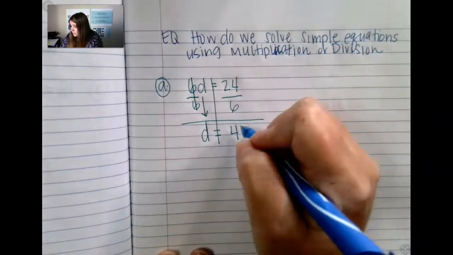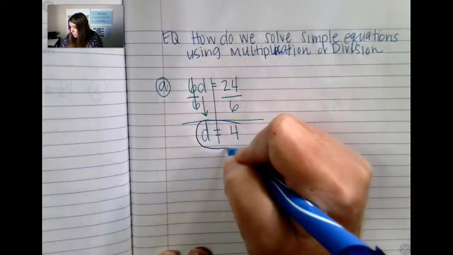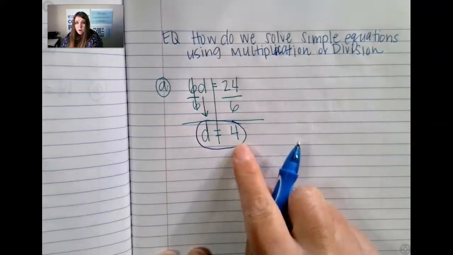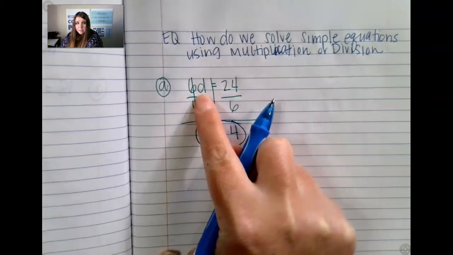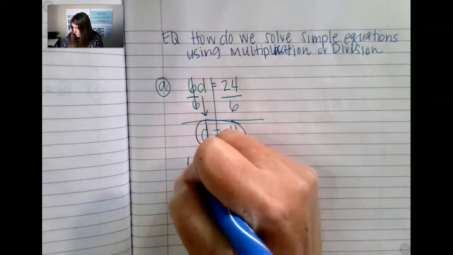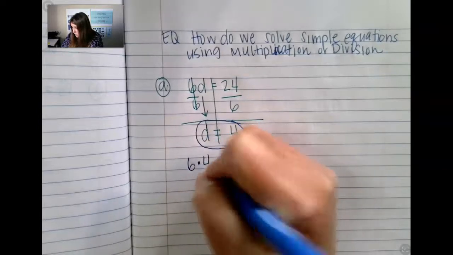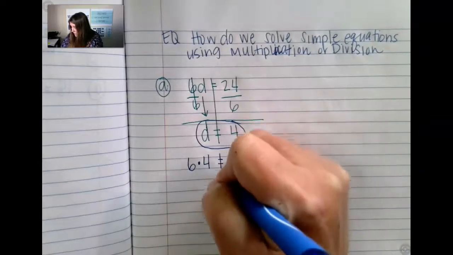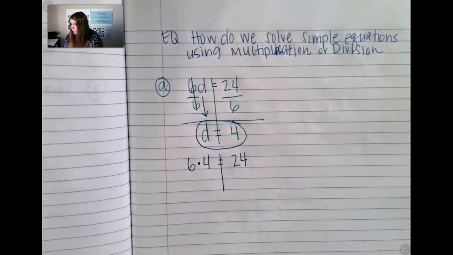So if I now take what I found as the solution, D equaling 4, and I pop it right back in here for D, do I get 24? 6 times 4, and I need it to equal 24. That is what I'm checking for my solution here.